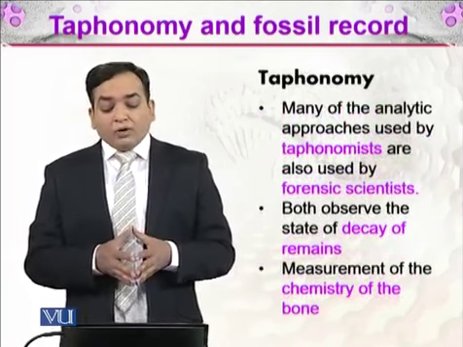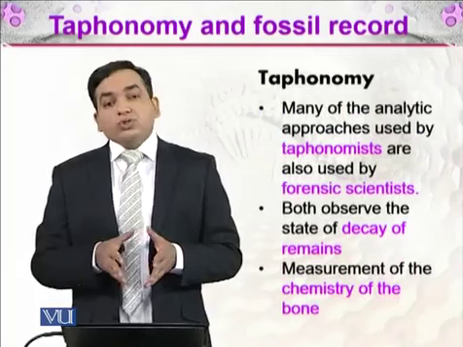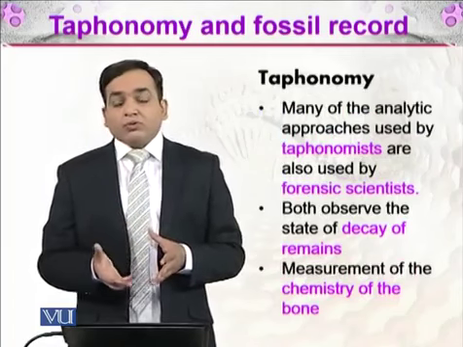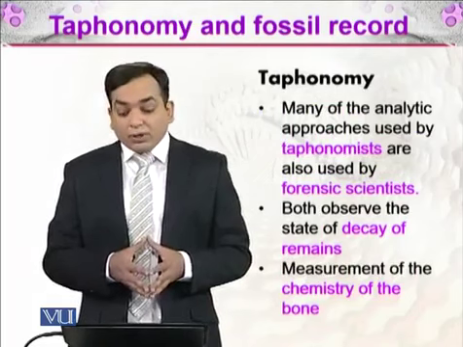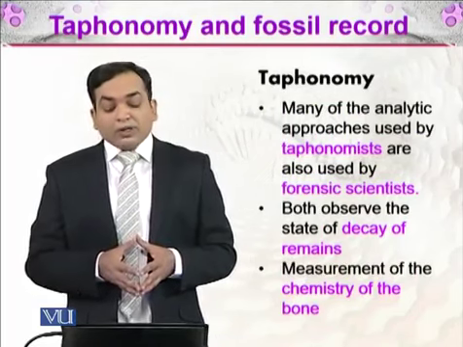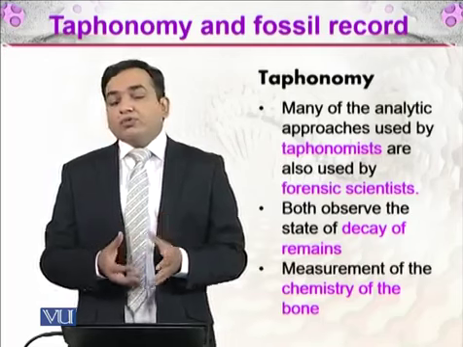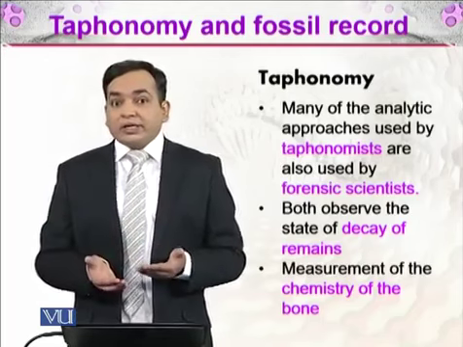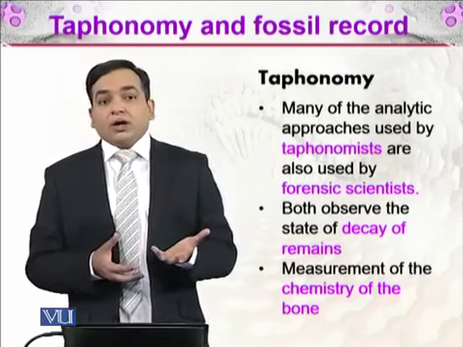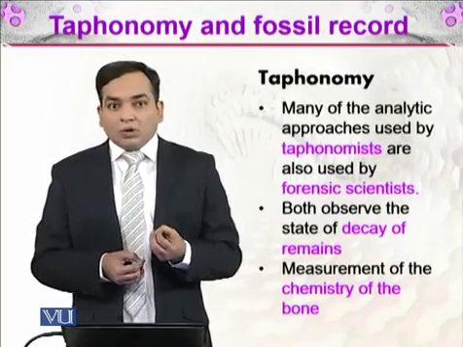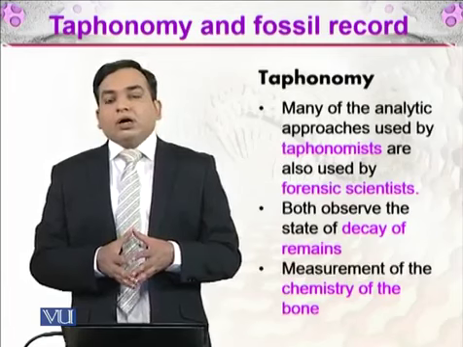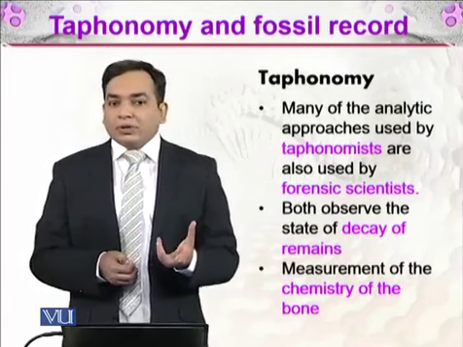Many of the analytical approaches used by taphonomists, the scientists working in taphonomy, are also used by forensic scientists. Forensic scientists work in law and order situations when people have been killed.